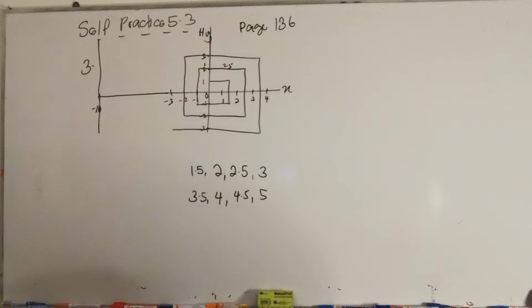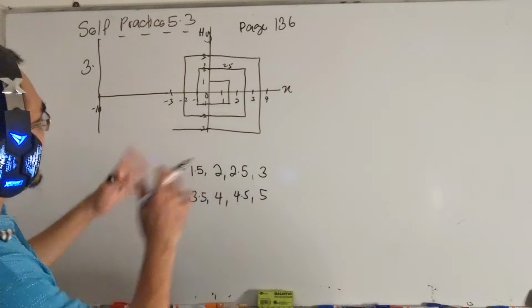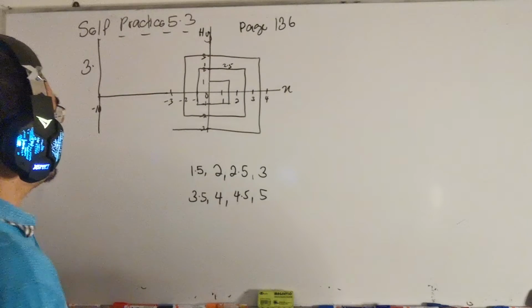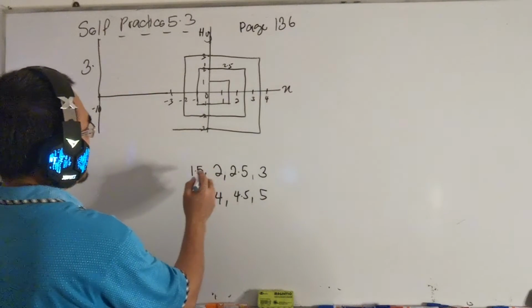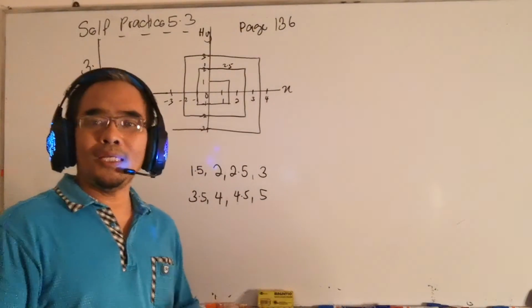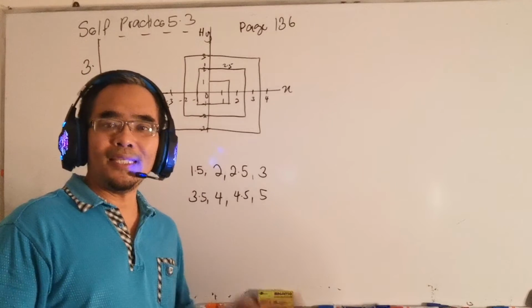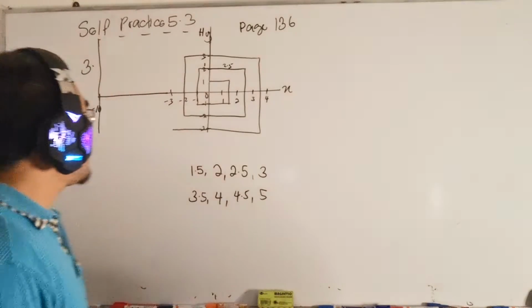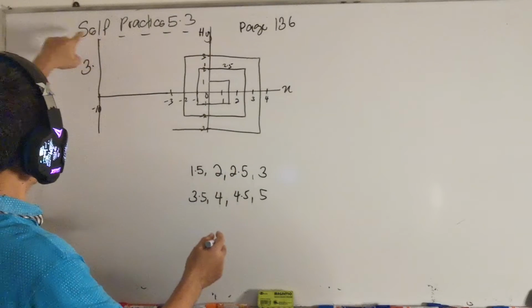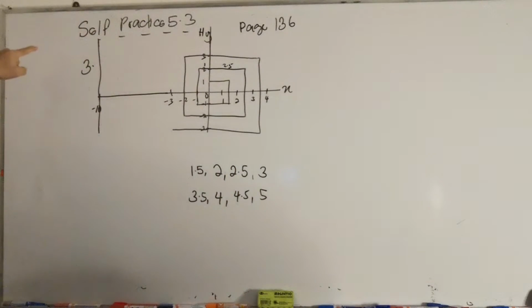How many of these will there be? That is the issue. It will start from here, and we do not know when it would stop. So we can figure it out like this.